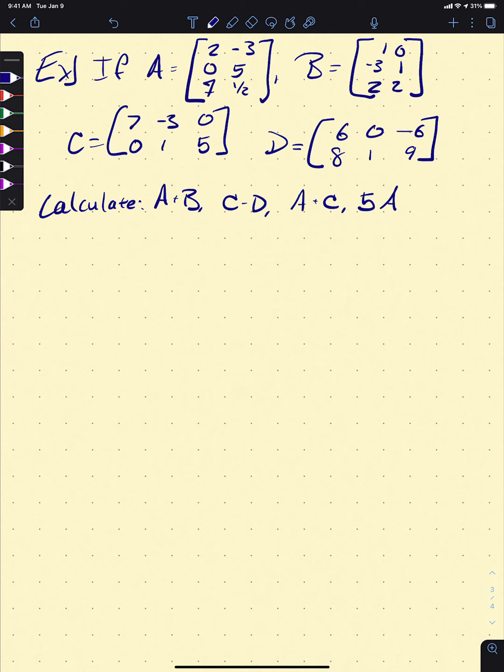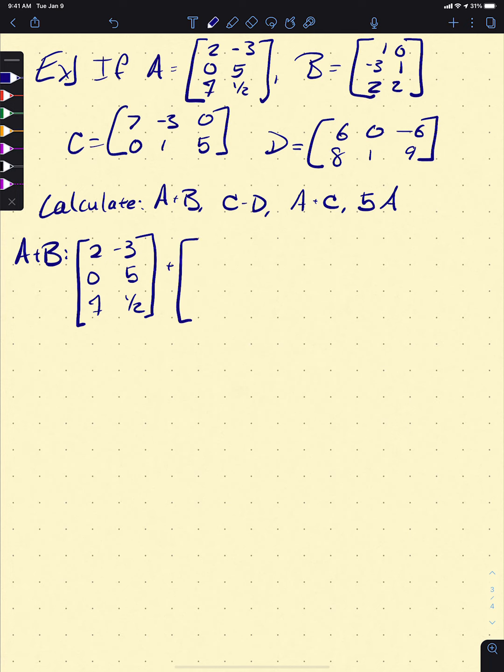Okay, so we can do these one at a time. For A plus B, we'll need our matrix A, and we'll need our matrix B, 1, 0, negative 3, 1, 2, 2. And we're going to add them element by element.